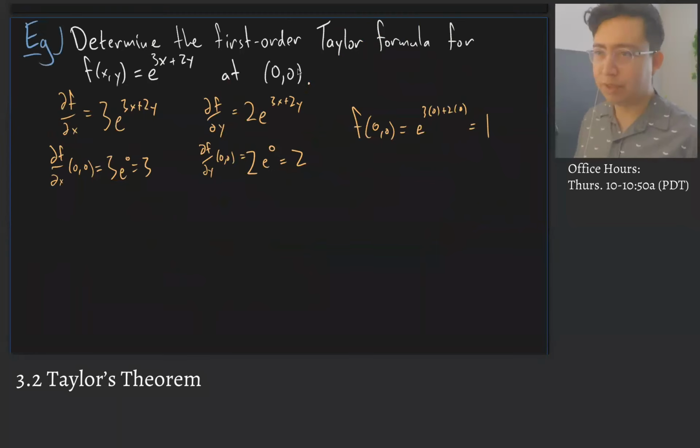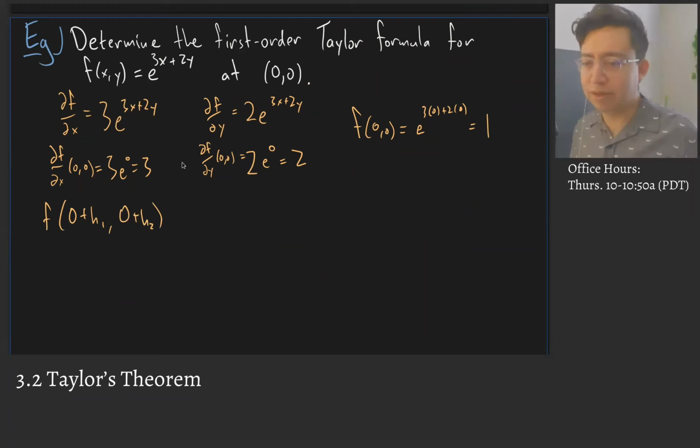Okay. So in this case, what we're looking for is f of 0 plus h1, comma 0 plus h2, right? These zeros are coming from this point a here.